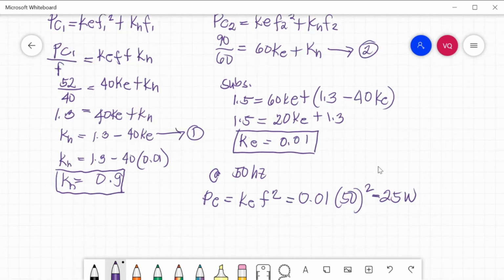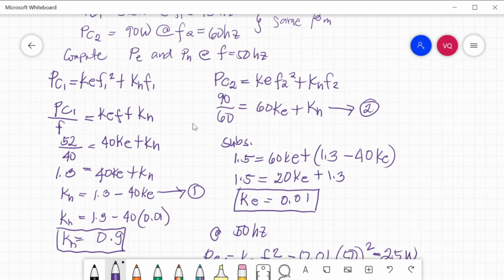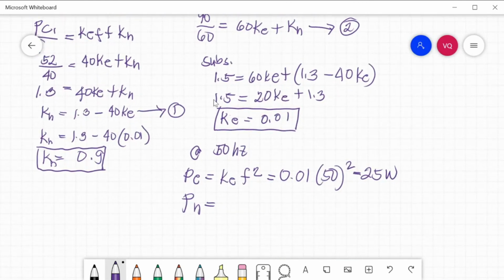And the hysteresis loss, PH, is equal to KH F, where KH is 0.9 times 50.